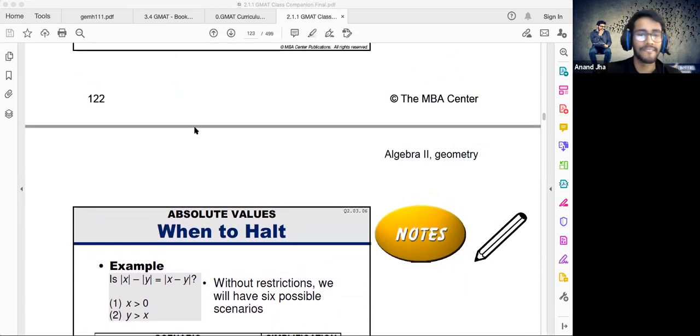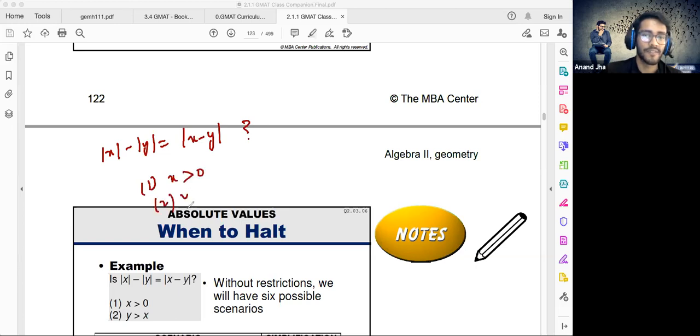When will this happen? First case is given x greater than 0. Second case is given y greater than x. Let's combine these two. X greater than 0. Let's take x as 2 and y as 3, for example.